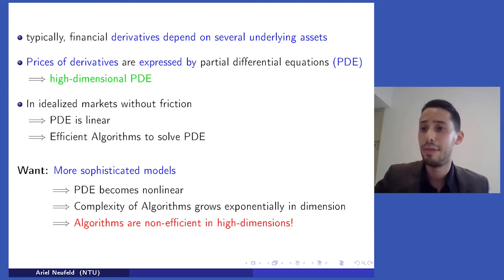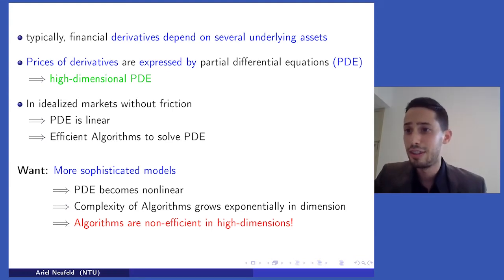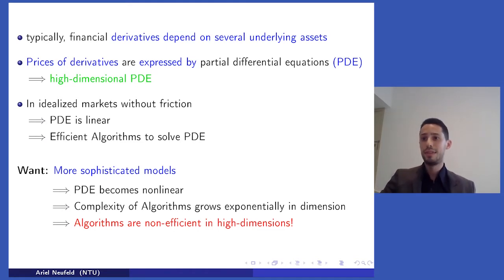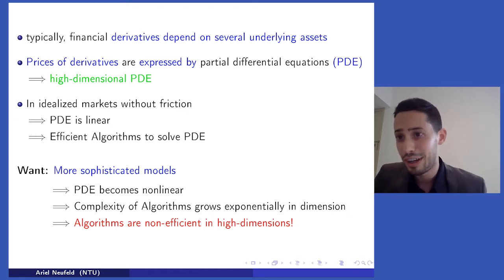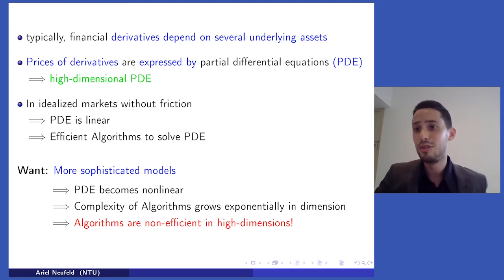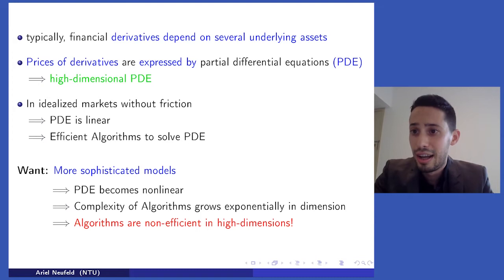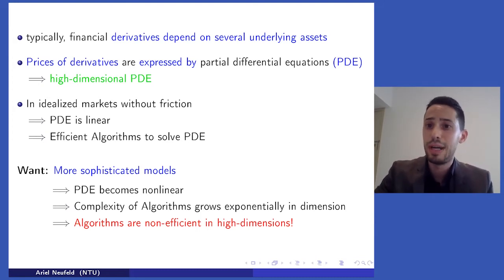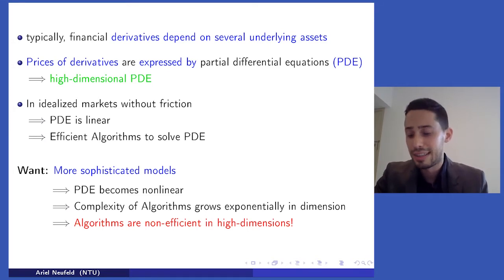If I talk about classical methods like finite differences or finite elements, typically they were able to solve dimensions 7, 8 maybe. But if you think of, for example, the S&P 500, dimension 500, we're far away from being able to do so. So this gives us the need to develop algorithms which can actually solve high-dimensional nonlinear PDEs, so that we are also able to price financial derivatives which depend on a huge number of underlying assets.